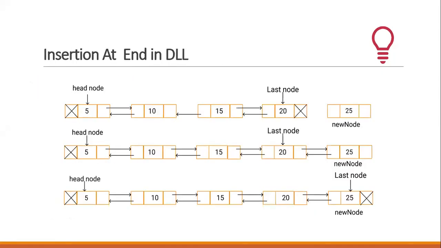Now we are talking about how we are going to insert it at the end. So now what we see is that the whole process in our previous algorithm, which was happening at the beginning, is now happening at the end. But one advantage that we get here in a doubly linked list is that we have a significant last node also, which was not there in a single linked list.